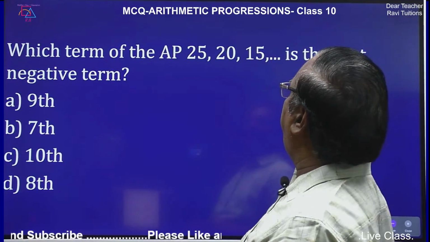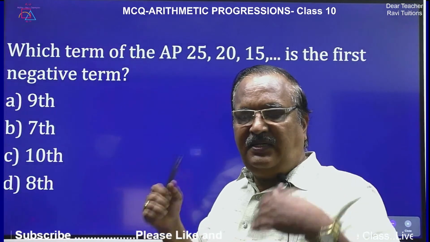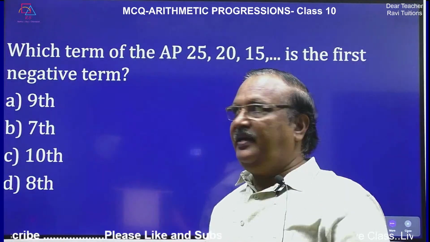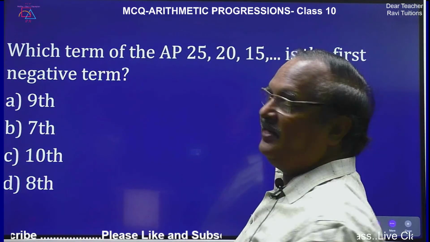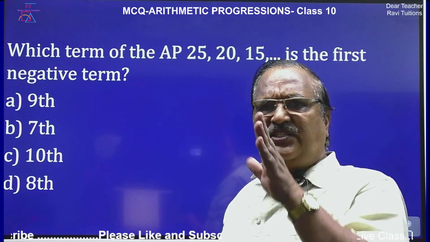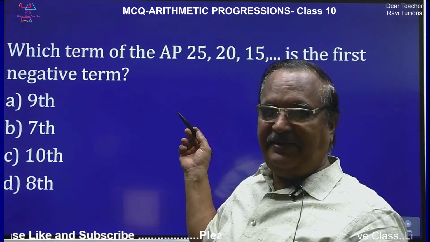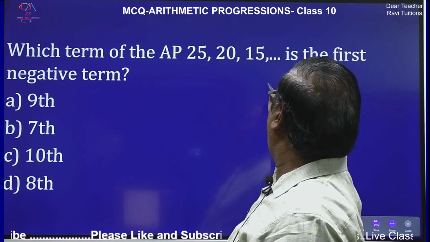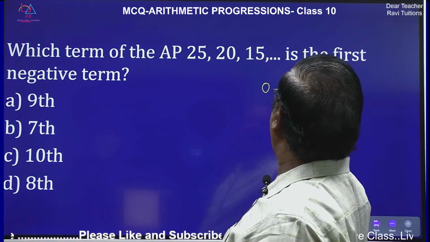Which term of the AP is the first negative term? This is also a little thinking question. So now it is in decreasing order, 25, 20, 15, going on like that, and which term is the first negative term. If you think like this, because all these are multiples of 5, we will get 0, and then minus 5.